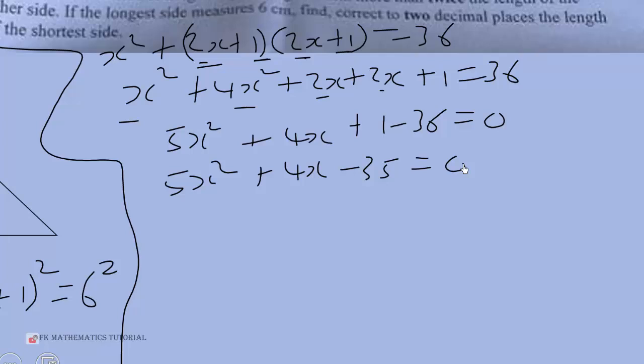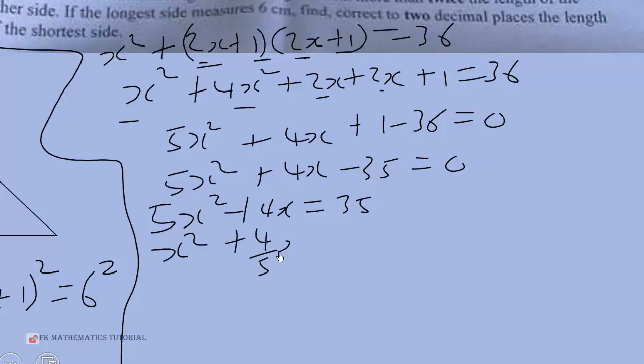Now we need to solve this for x. Let's complete the square. So I'm going to send the 35 back there. So I have 5x squared plus 4x is equal to 35. Divide through by 5, we have x squared plus 4 over 5x is equal to 35 over 5, which is 7.